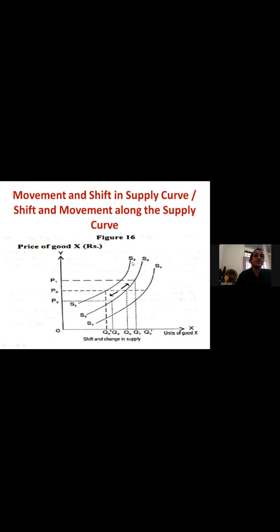Supply has decreased, so at the given price P0, the quantity supplied will be OQ0, this one.